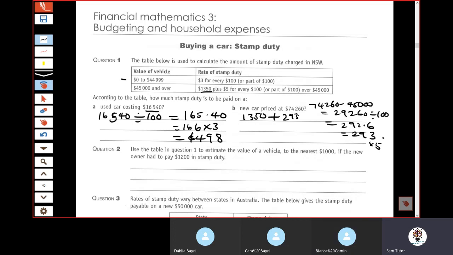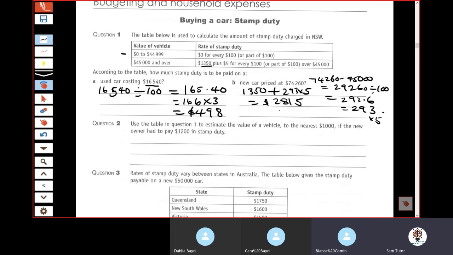So plus 293 times 5. $2,850. Yeah, I got that. Any questions? No.